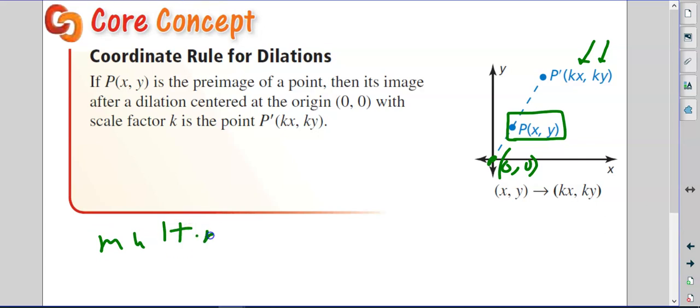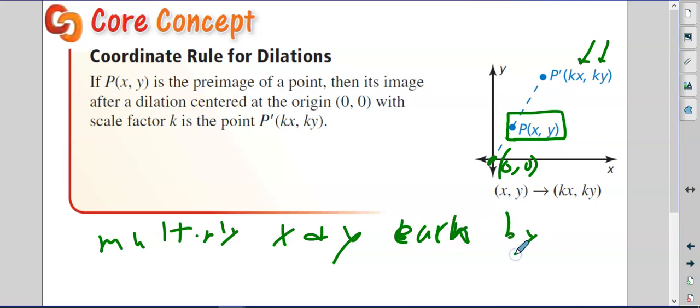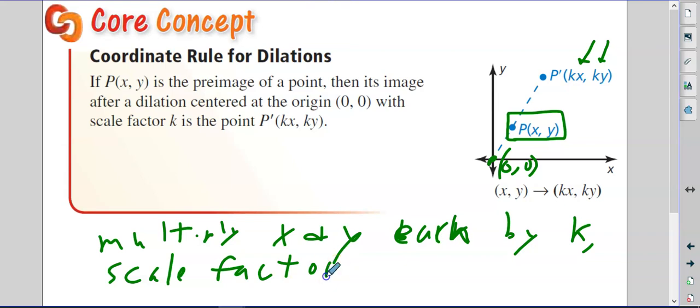So you multiply x and y each by k, the scale factor, whether it's bigger or smaller. We'll get into that now.